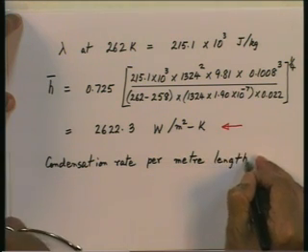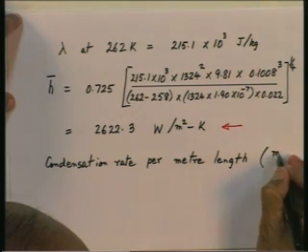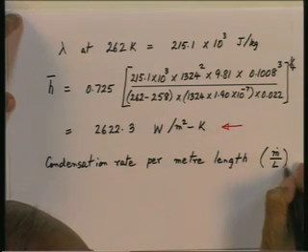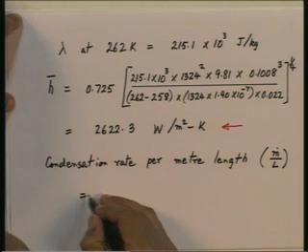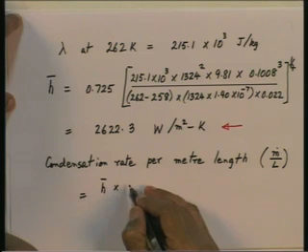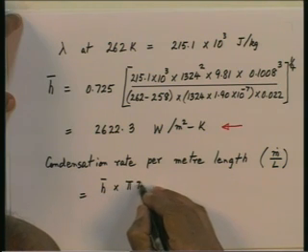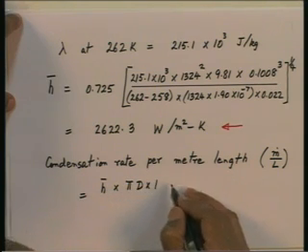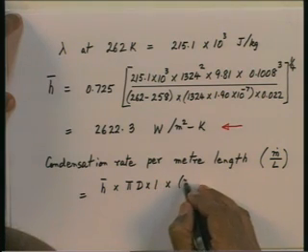That will be m dot by L, which will be equal to H bar, the average heat transfer coefficient, multiplied by the area pi d into 1 meter length, multiplied by T s minus T w.